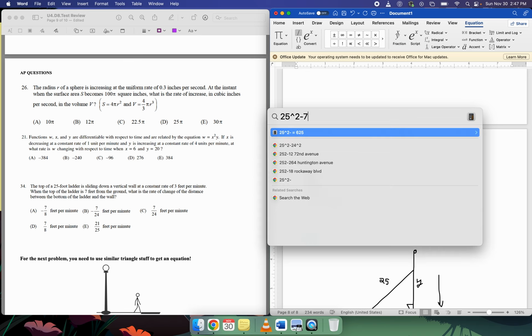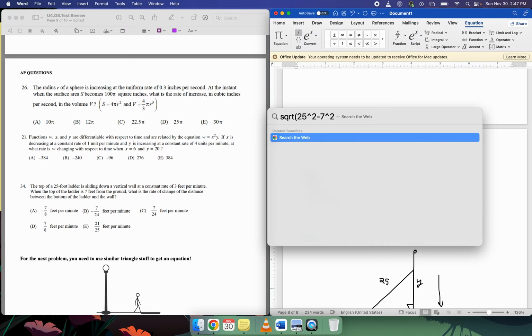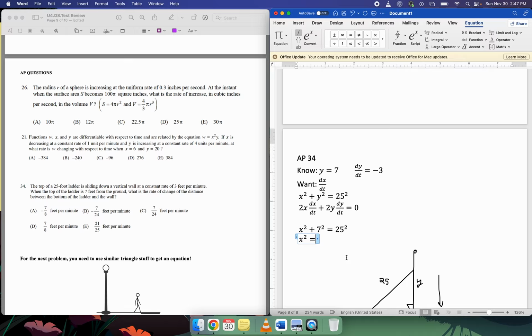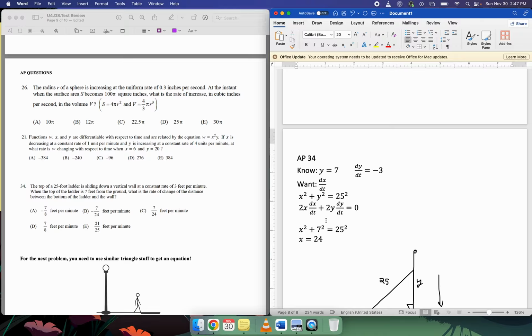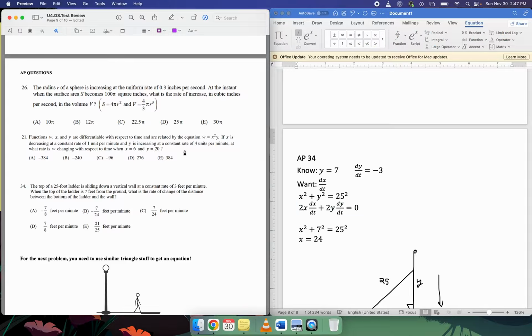Sorry, guys. So that's evidently 576, and the square root of that is 24. I mean, you could do it, but my God. Anyway, so x is 24. So now you know everything you need to know in this equation to find dx/dt. So you're all set.